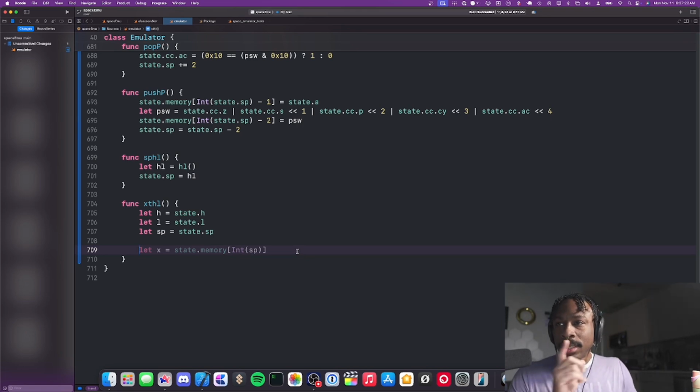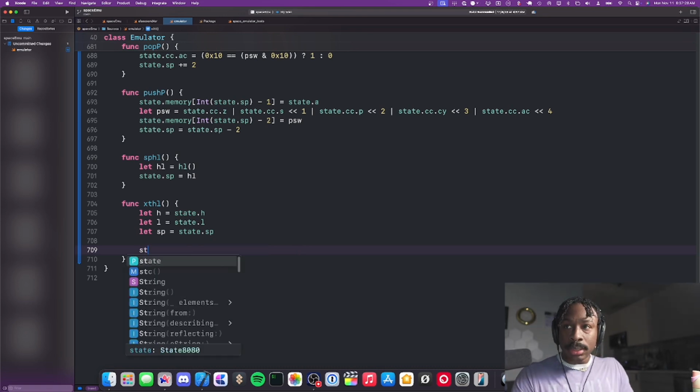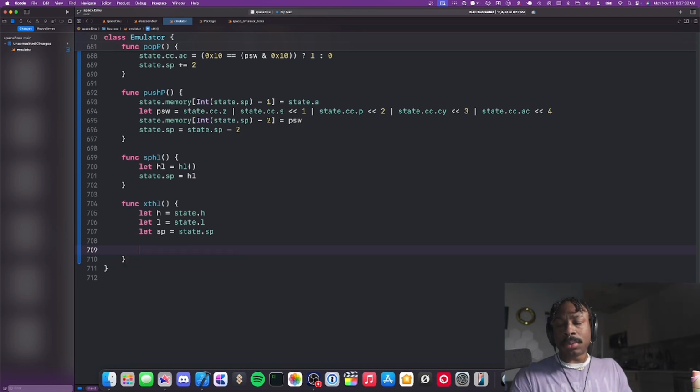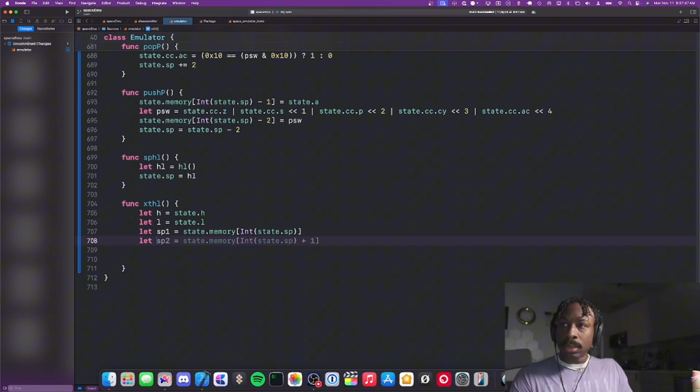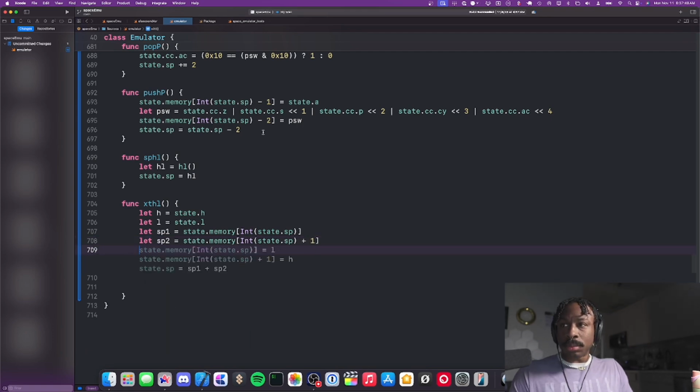Anyway, let's see. So we have, so that means, oh yeah, first we're gonna say sp1 equals mem, and then sp2 equals state memory plus 1.